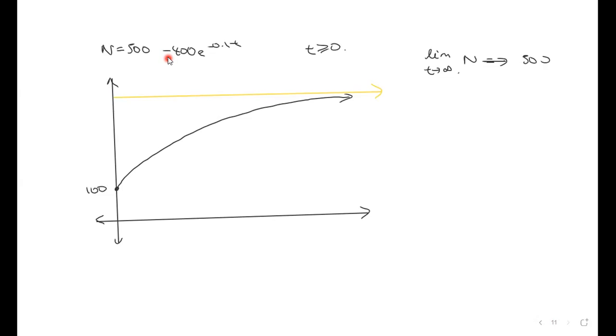So this is t, and this is n. You've got 500 minus that, and so it will approach 500. It will start from 100, and it will increase towards 500, but never exceed that. And that's your graph of n as a function of t, and that's how you do the question.